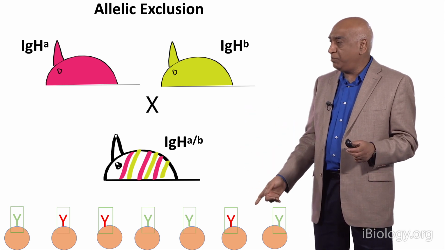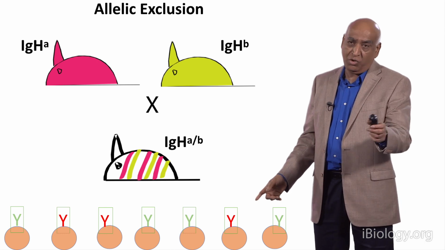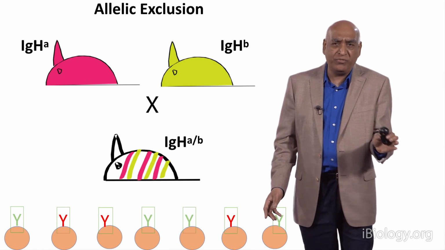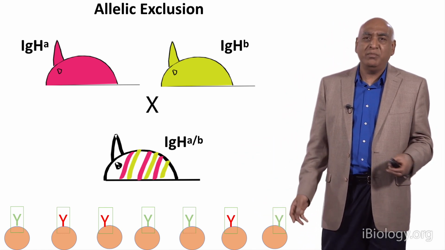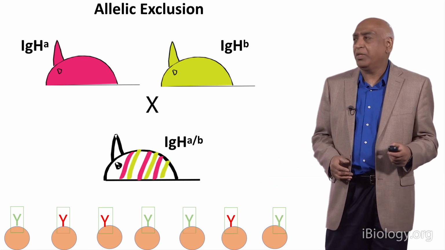But when you look at individual B cells, each B cell expresses either the A allele or the B allele, never both. So this proved that there was truly a phenomenon called allelic exclusion, but what was the mechanism? How did we actually achieve this?